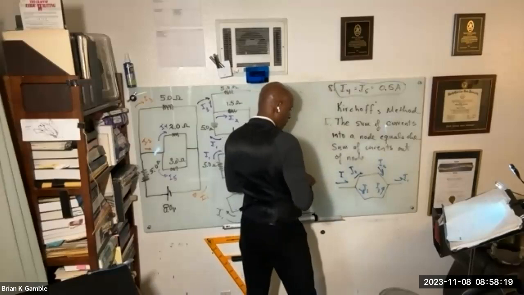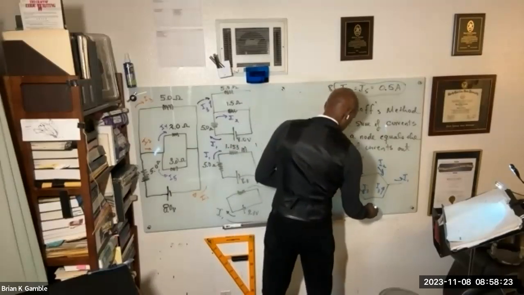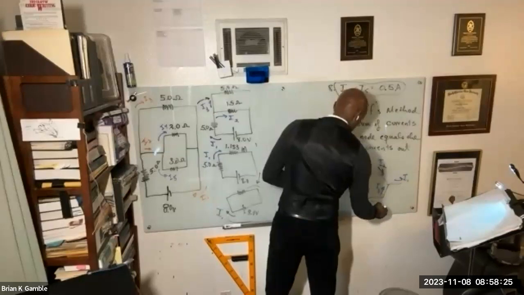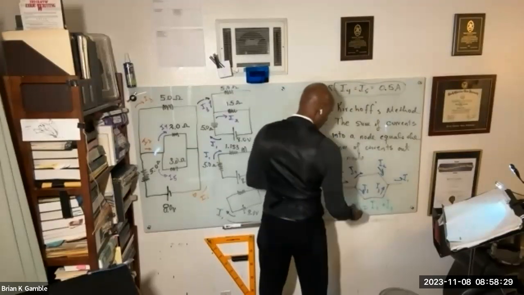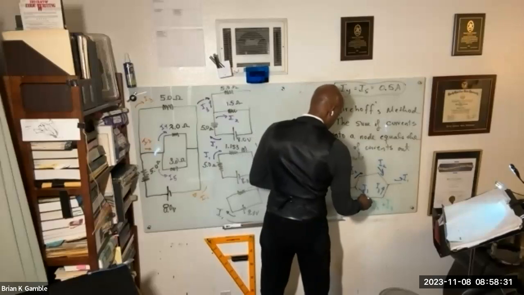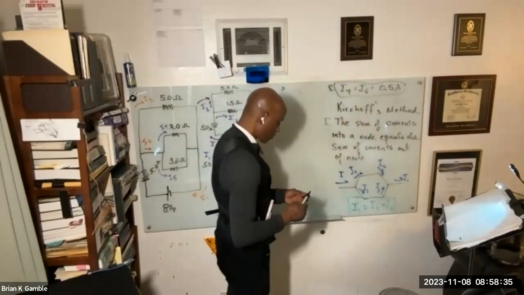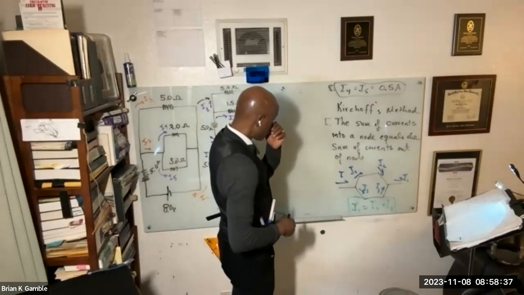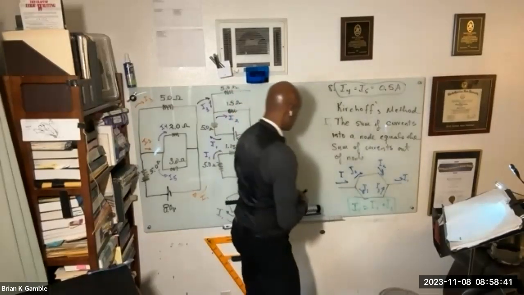So what we can then say is that I1 equals I2 plus I3. And that becomes a mathematical statement for this particular example of Kirchhoff's current rule.